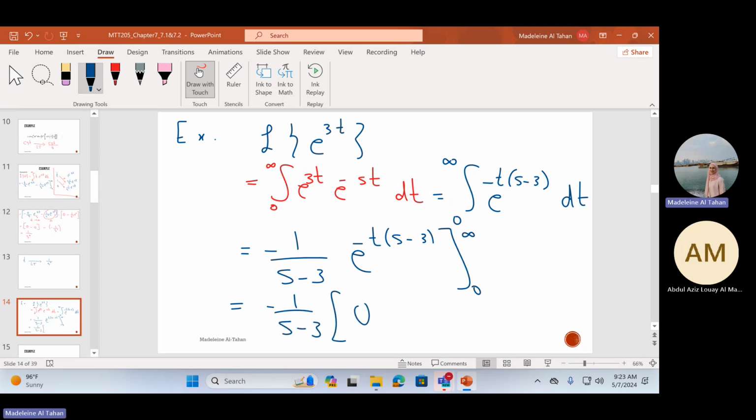Evaluate it at infinity, what would we get? The limit at infinity, e power negative infinity means 0, minus at 0 we will get 1. So the answer will be 1 over s minus 3.